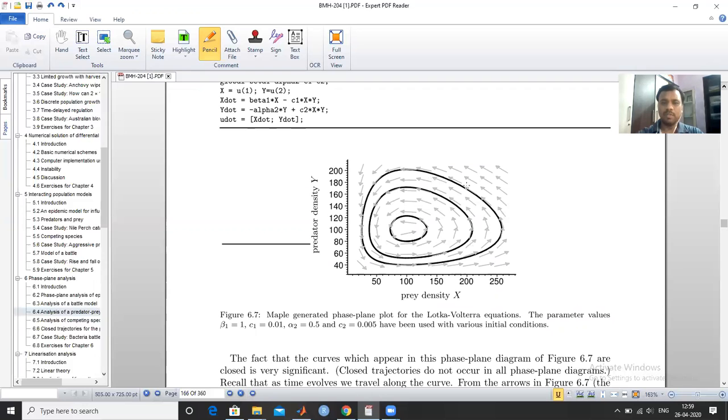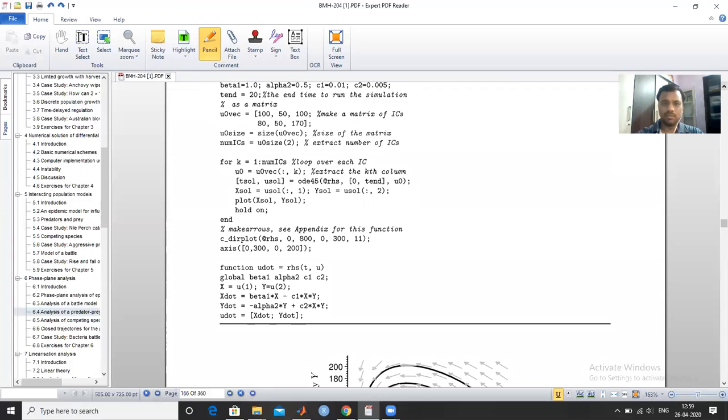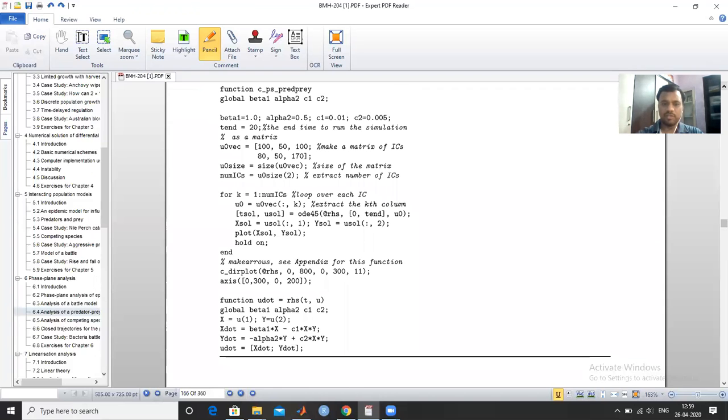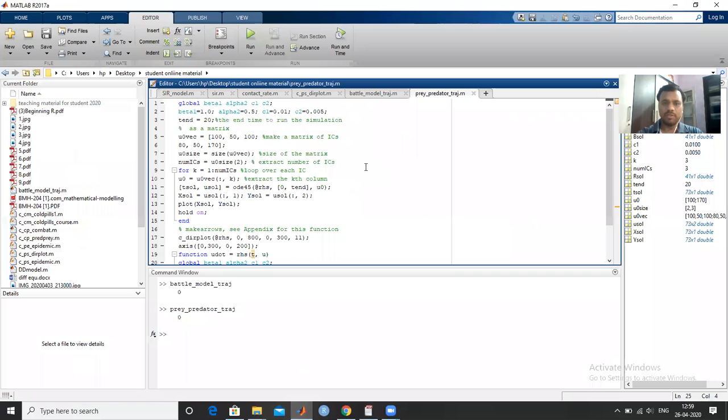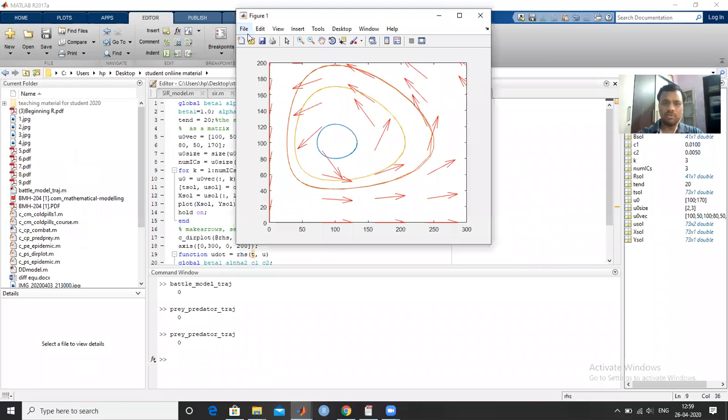We will explain it. First of all, we will draw this code in MATLAB for trajectories. I have copy pasted it here, and if I run it, because this is out of syllabus, I'm not discussing this code.